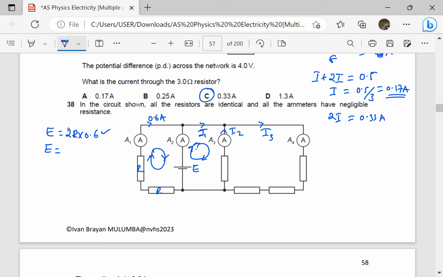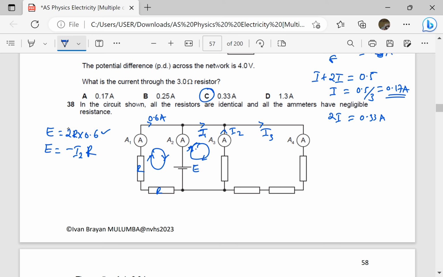There's no resistor there. So E is going to be, because I've put this the other way around and I'm moving in that direction, E will be positive if I move clockwise, but this will be negative I2 times the resistance R. So when we combine these two, I can find I2.